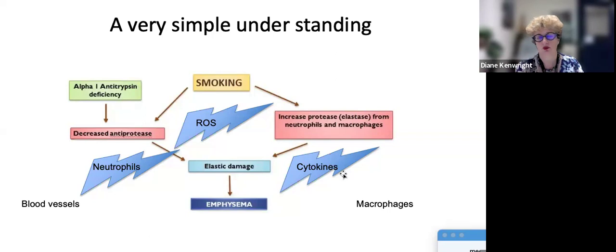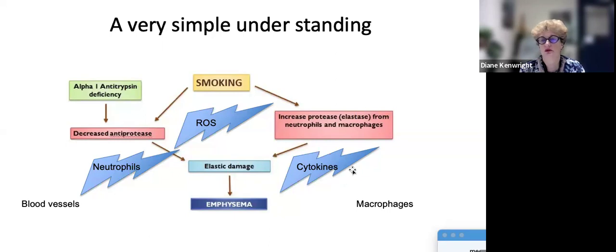So in the big picture, we can say both alpha-1 antitrypsin deficiency and smoking decrease antitrypsin, antiprotease. Smoking does this through reactive oxygen species, whereas alpha-1 antitrypsin does this through a deficiency that's genetic. The reactive oxygen species recruit neutrophils from blood vessels.